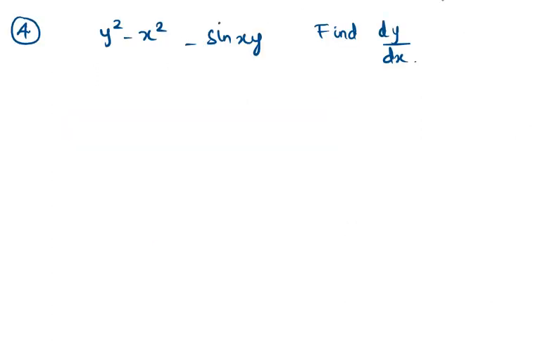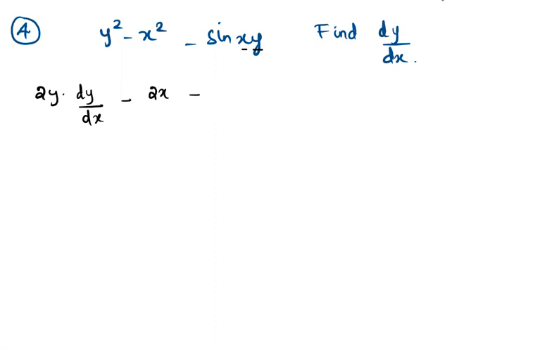Now in this question, we are given a function in terms of x and y, and we have to find dy by dx, that is, differentiating with respect to x. Now let us differentiate this. It will become 2y, since we are differentiating y with respect to x, it will become dy by dx, minus 2x, minus, here we have an x term as well as a y term.